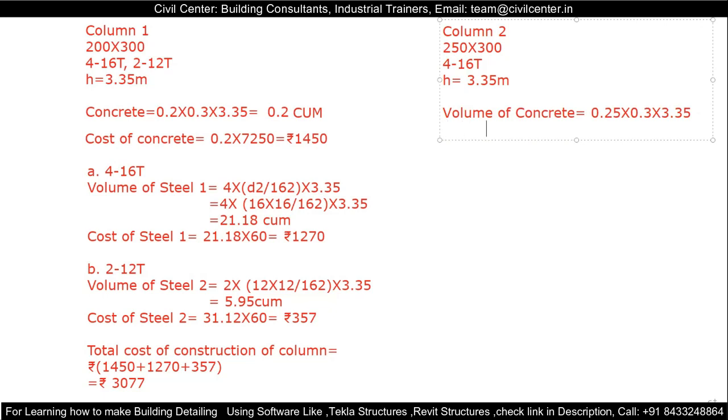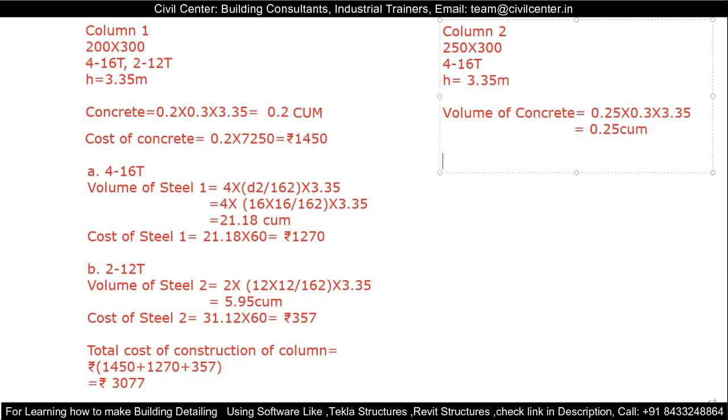Let's calculate it first. 0.25 multiplied by 0.3 multiplied by 3.35, and it is coming 0.25125. Okay, so let's keep it as 0.25 cum.